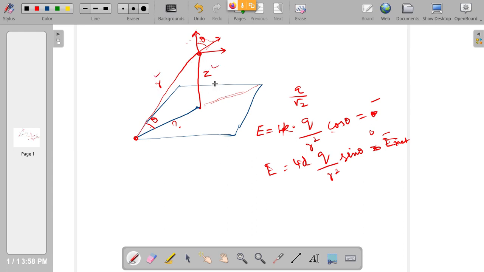R is known, Z is known, and the third side also is known. So you can get the cos theta, right? Now calculate and tell me, which one will cancel, you decide, cos theta or sin theta?